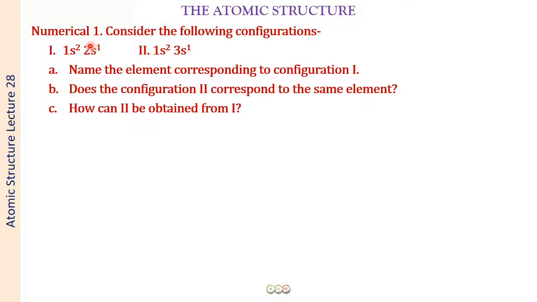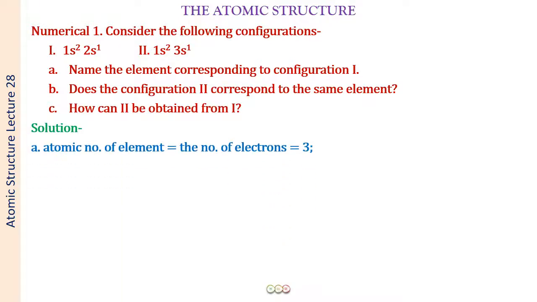Well, this means that it has 2 plus 1, 3 electrons, right? So 3 electrons, the atomic number of the element, which is going to be equal to the number of electrons, is going to be 3. And the element which is having atomic number 3 is lithium, right? I request you all, please do remember the name of the elements up till atomic number 30, right?